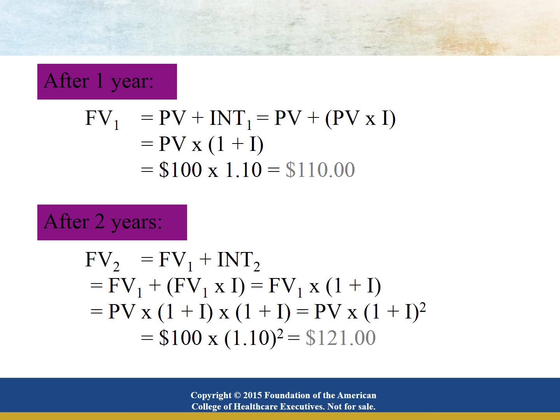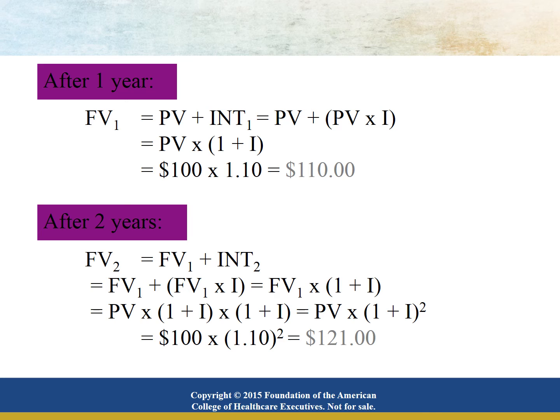So we've got 10% interest in the first year. Here's where you understand the value of compounding. If it just went up by 10% every year, and you just made $10 every year, that's not right. Now your balance is 110. So you've got your future value after 2 years is your future value 1 plus the interest in year 2.